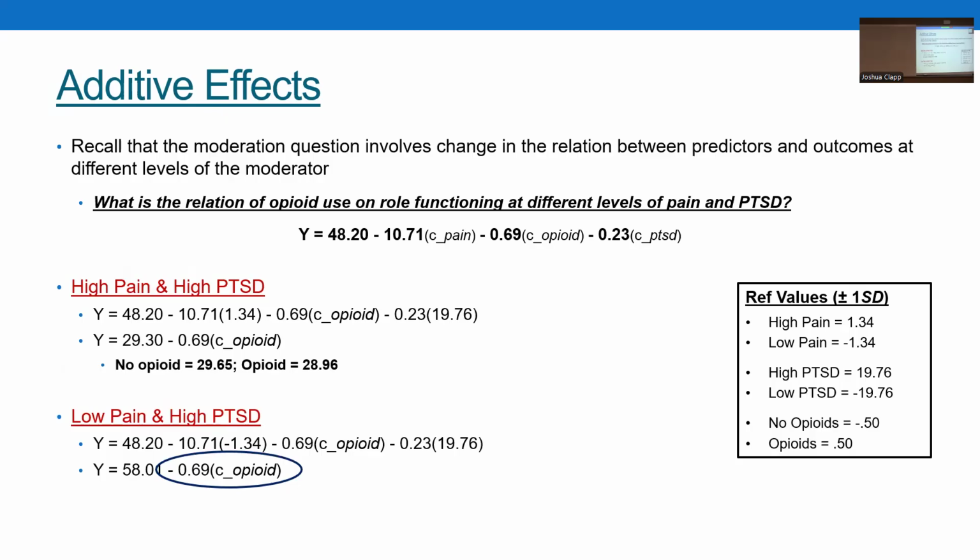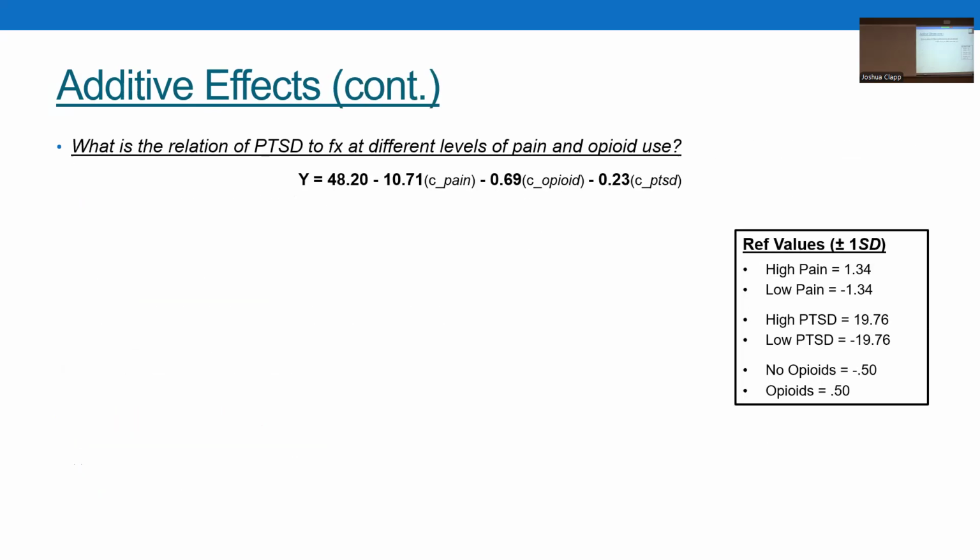It's still the same thing as it was here. We can spin this out and see the expected value at low pain and high PTSD for people using no opiates and people using opiates. William, what's the difference between those two numbers? 0.69. It's still the same thing, right? So it doesn't matter.